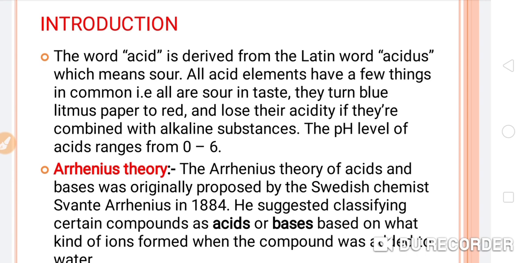They turn blue litmus paper to red and lose their acidity if they are combined with alkaline substances. The pH level of acid ranges from 0 to 6. So this was the introduction for the acid.